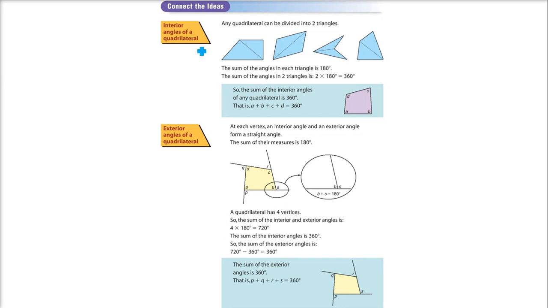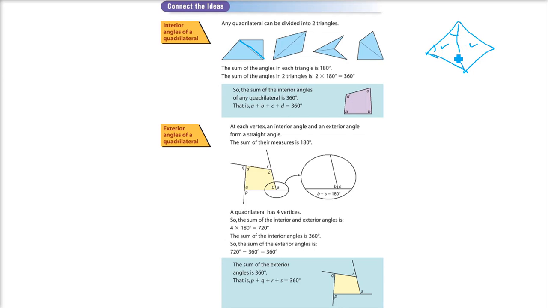So this is how we find out the rest of the angles with these relationships. Interior angles of a quadrilateral. Any quadrilateral, if you make any quadrilateral like this, what I can do here is, I can always form two triangles if we join the opposite vertices. That is, if I make any quadrilateral, say like this, if I join this, then I'll have two triangles.